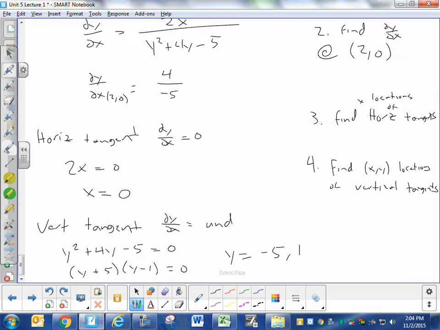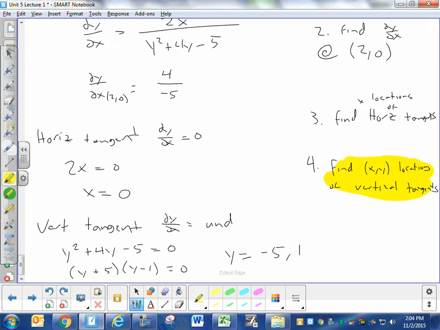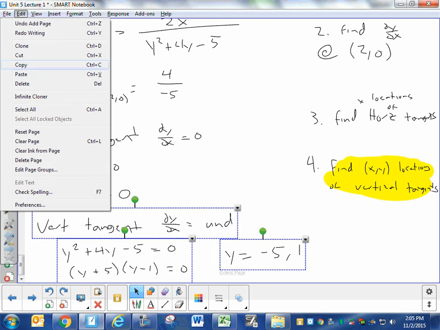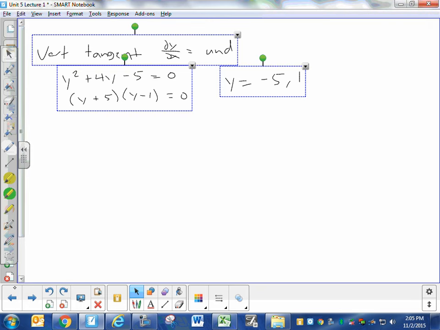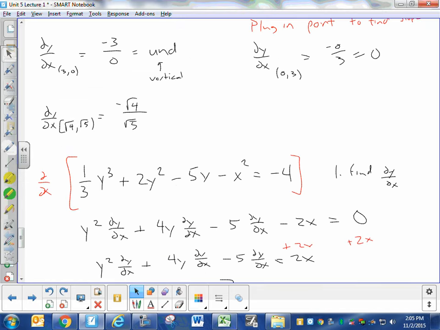Now, they ask you for the xy locations. So just answering the y's are not enough. We have to take those y locations, plug them back into my original equation, and I'm going to have to find the x's. So let's do that. Let's just do it for 1 because that'll be easy to do.